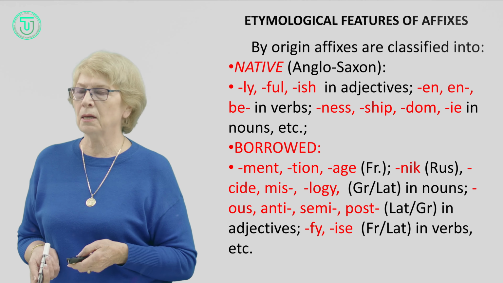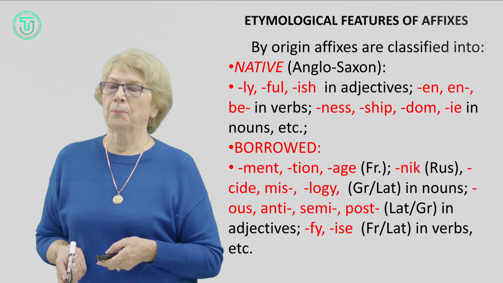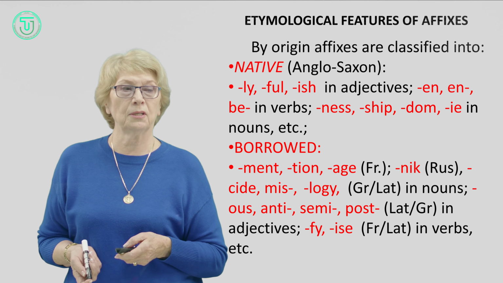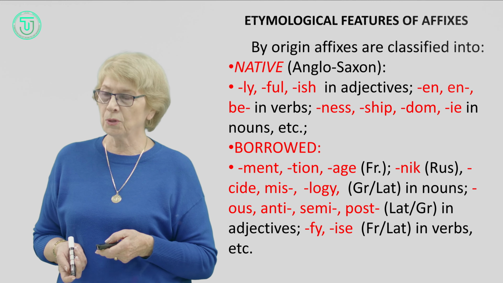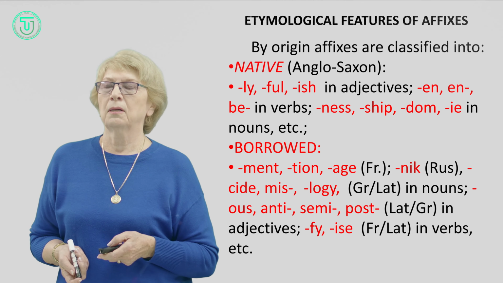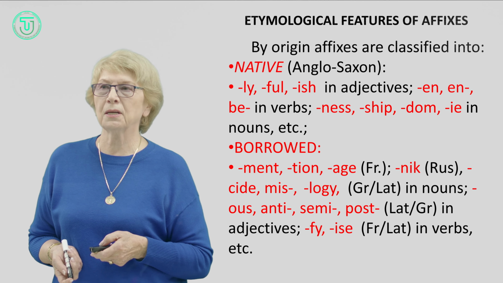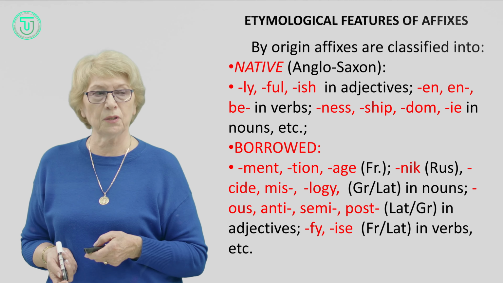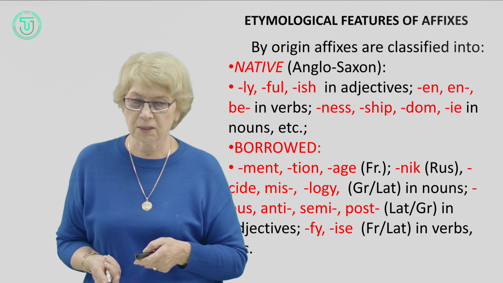From Russian, one suffix is borrowed. The word which left this suffix to English was Sputnik. If you remember, in the 50s, the first Sputnik was launched by the Soviet Union, and the word was immediately borrowed into English.